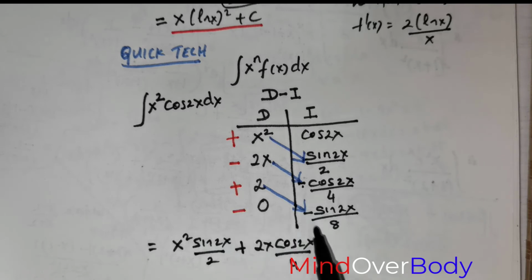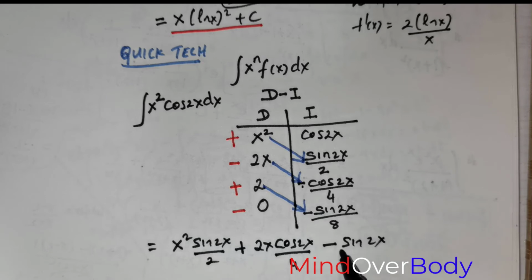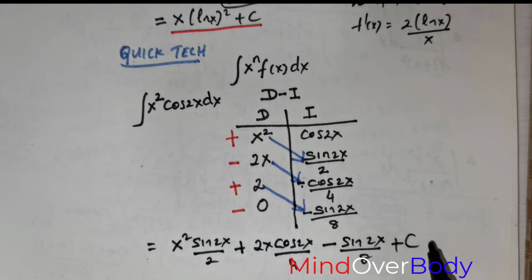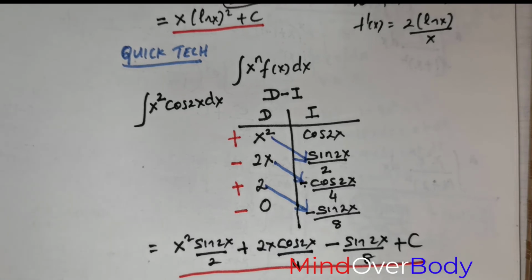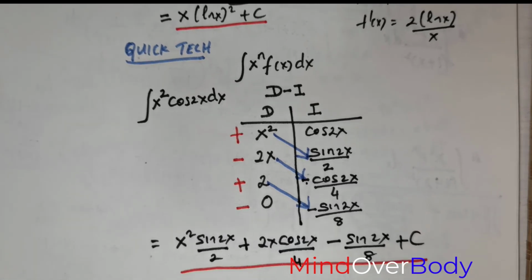A positive times negative is going to be negative, so sin 2x divided by 8, plus the arbitrary constant c. It's a good place for us to draw the red line. So this is the solution. Imagine applying integration by parts this many times. It is not going to be easy, but this technique will simplify the entire process.